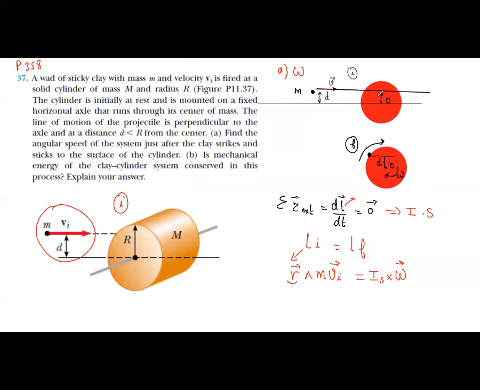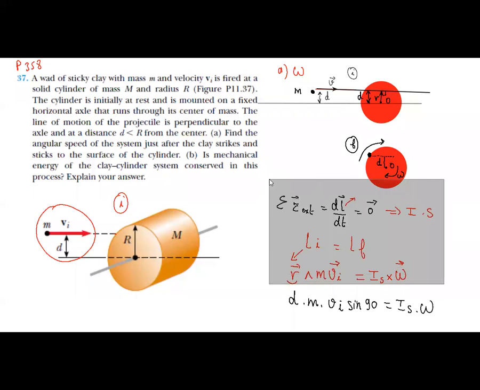So this one is small r, which is equal to d. So here we have d times m times v initial times sine of the angle between r and v, which is equal to 90, equal to I of the system times omega.